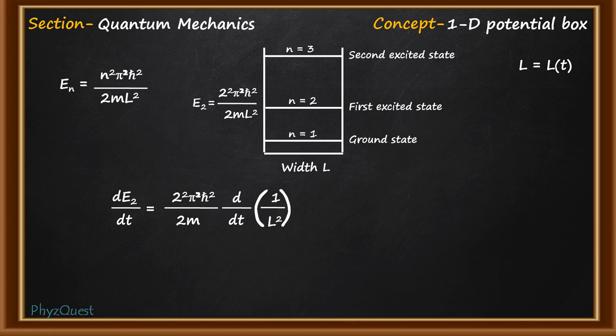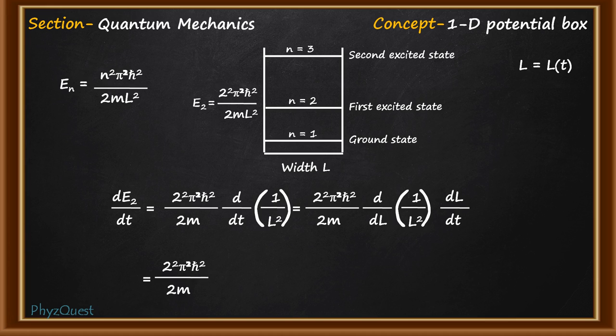Now this term, d by dt of 1 by L square, we can write as d by dL of 1 by L square into dL by dt. So this will be equal to 2 square pi square h cross square divided by 2m, and the differentiation will give minus 2 by L cube into dL by dt.